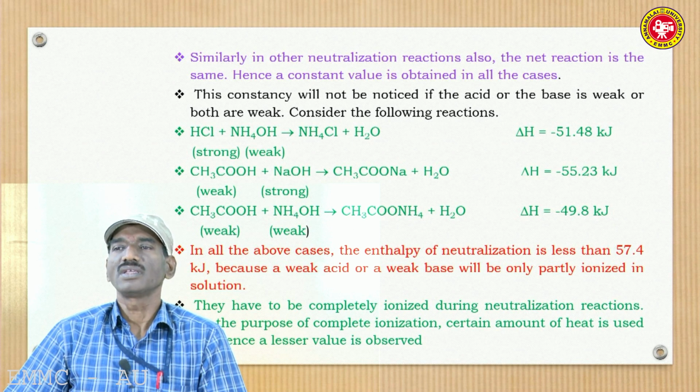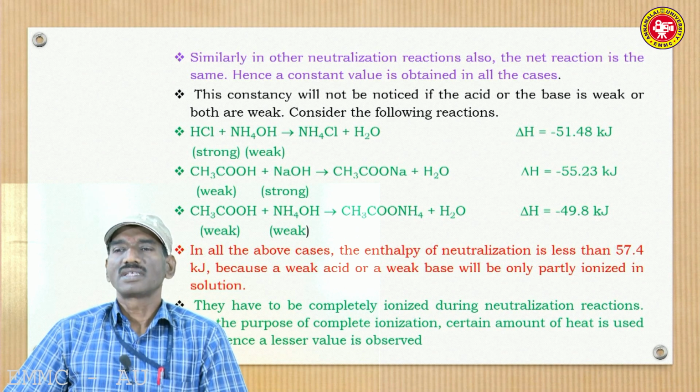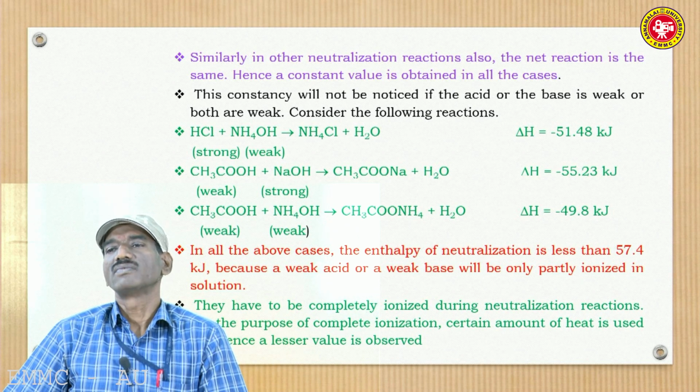Consider the following reactions. For example, hydrochloric acid is a strong acid. With the well known weak base ammonium hydroxide, it gives rise to ammonium chloride as a neutral salt with water. In this case the obtained delta H value is minus 51.48 kilojoule. Second one, acetic acid, one kind of weak acid, with a strong base like sodium hydroxide. Acetic acid reacts with sodium hydroxide, giving rise to sodium acetate as a product with water.